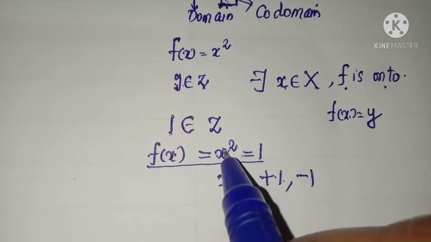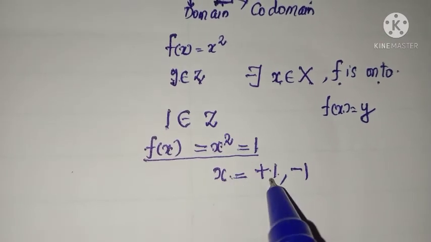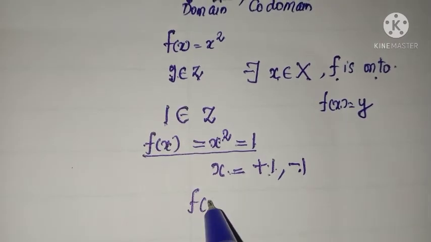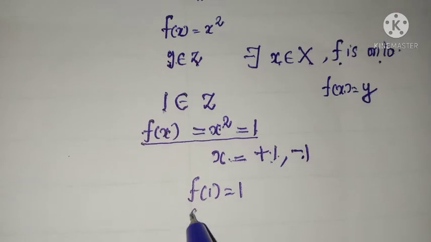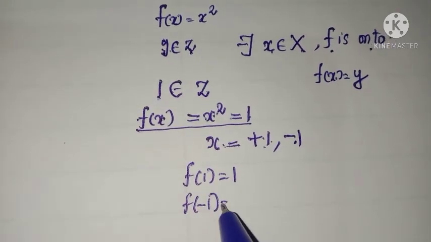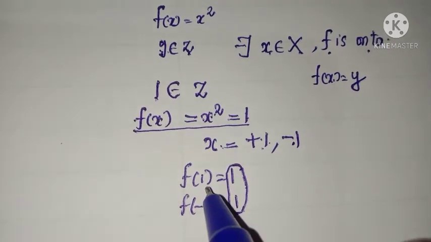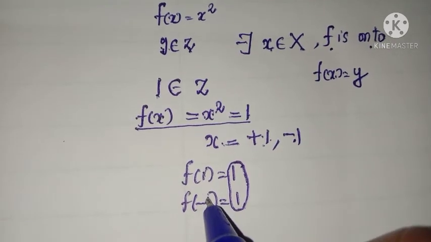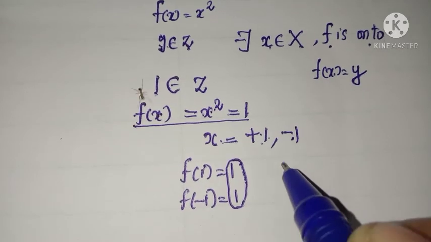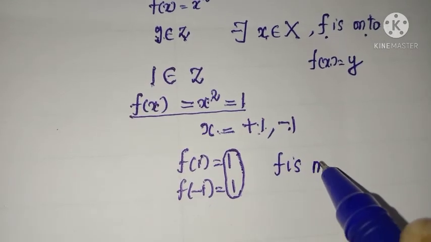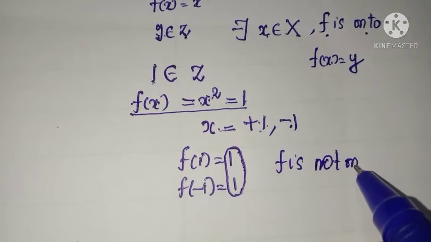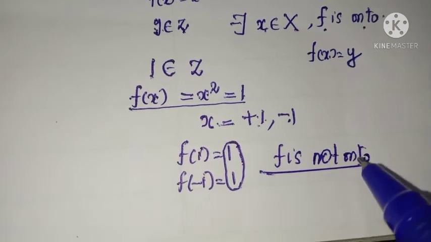But for this image 1, we have two values, that is f of 1 equal to 1 and f of minus 1 equal to 1. For the same image, we have two x elements in the domain set. It is not possible, therefore f is not onto.